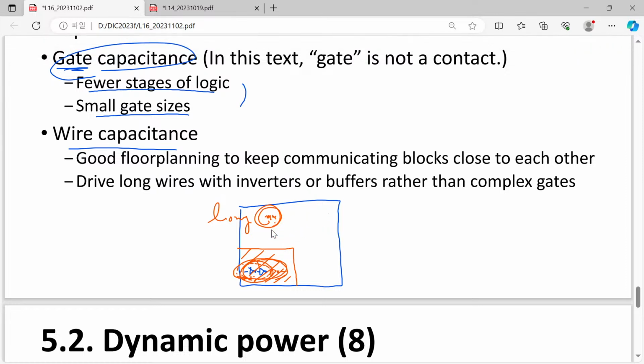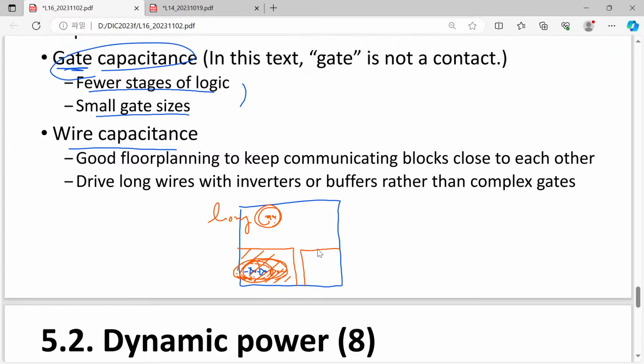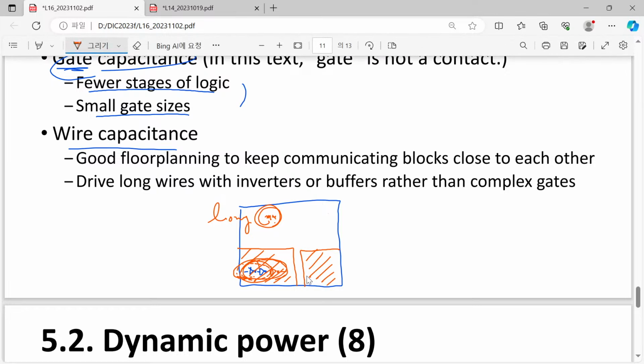So a better way is to place frequently communicating signals nearby, then we can reduce the path while connecting these two different parts. So this kind of thing, not at the transistor level, but placing, for example, some memory block and CPU block, any kind of thing, into one chip.